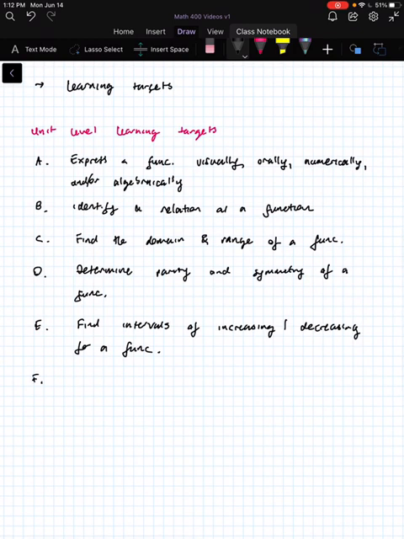We're going to learn to identify and distinguish between basic families of functions.